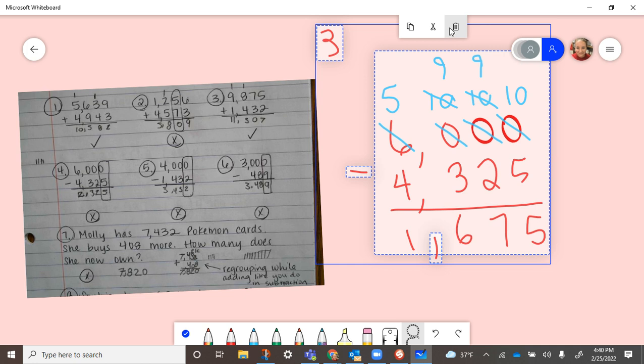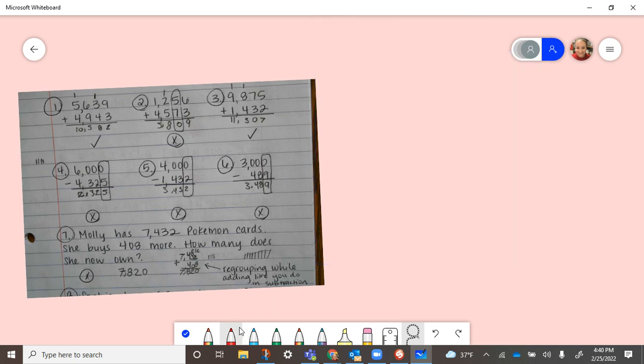And that will help. Then on this next one, it says Molly has 7,432 Pokemon cards. And so here I'm going to draw a box here just to represent that this is the amount, 7,432. This is the cards that she has.